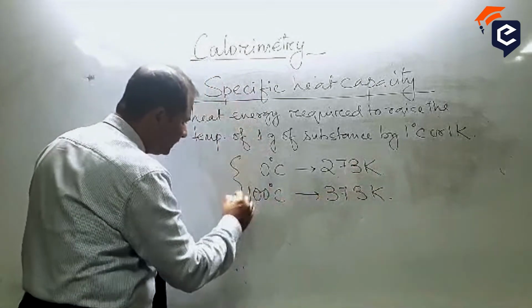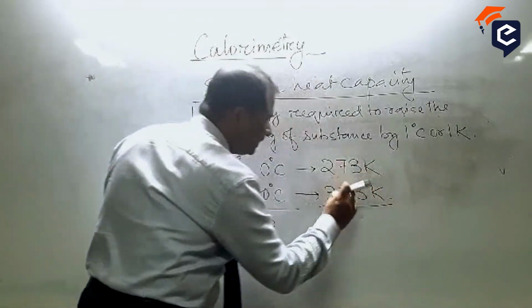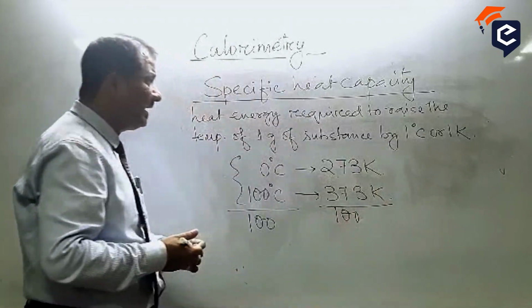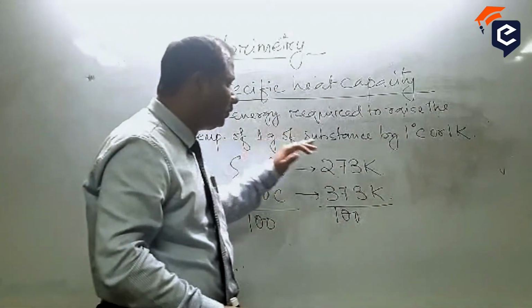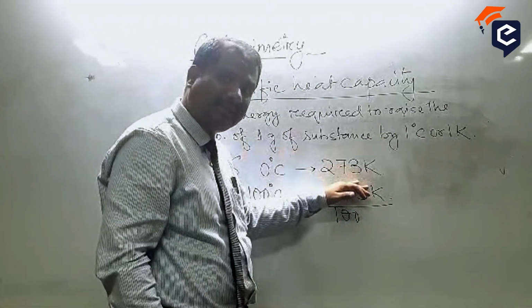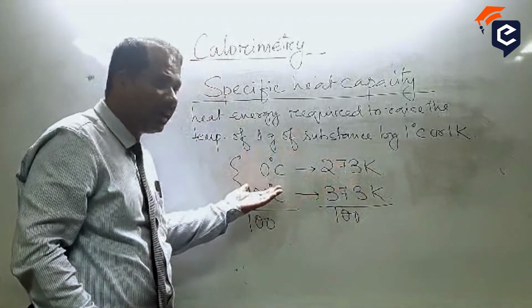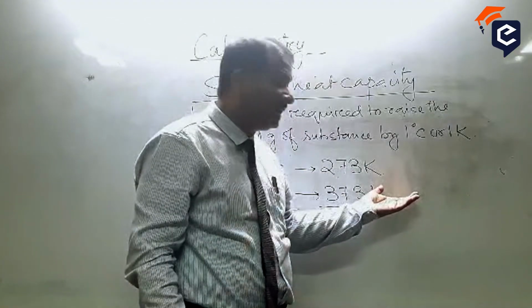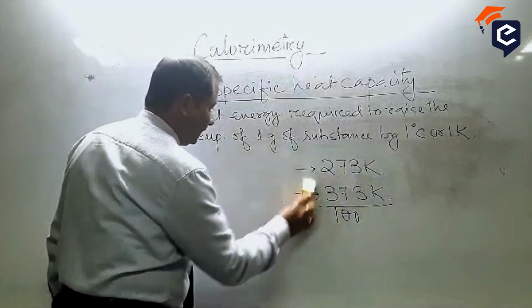What's the difference between these two temperatures? 100. What's the difference between these two temperatures? 100. So can I say that the change in degrees Celsius is equal to the change in Kelvin? So if I say the change in degrees Celsius is 1, that means there is 1 Kelvin change in temperature. Is this point clear? Okay.